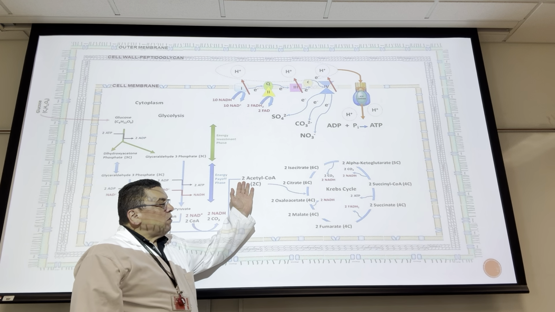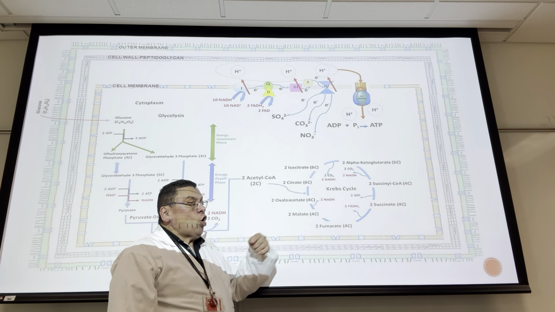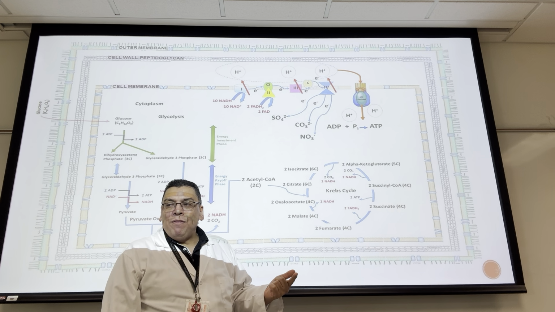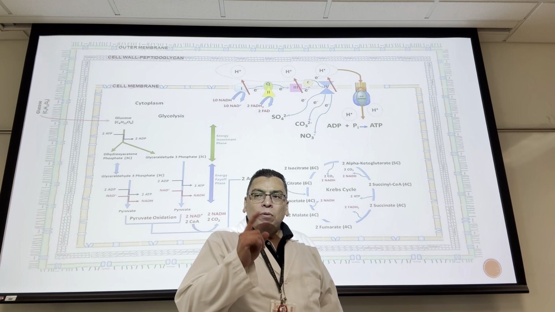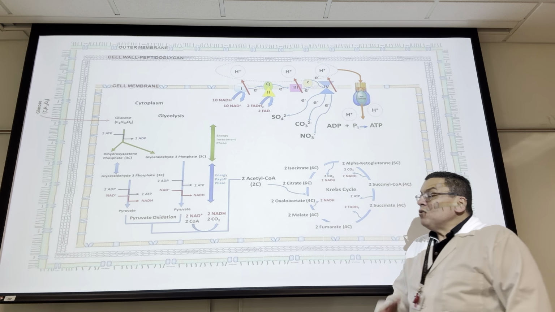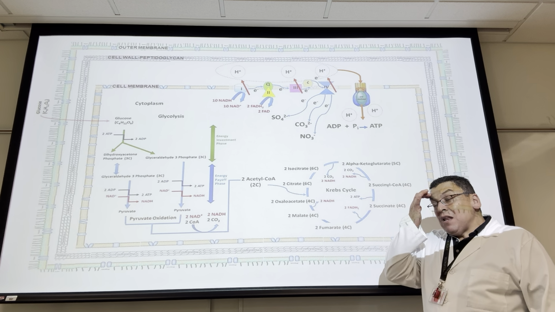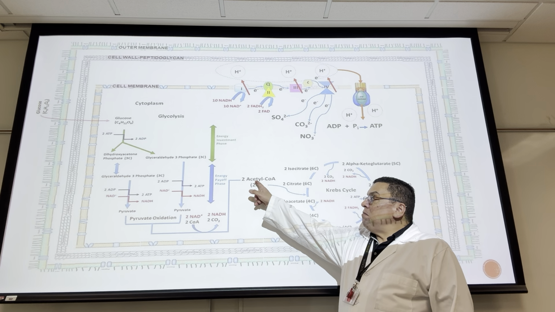So I have 2 acetyl-CoAs. These acetyl-CoAs, if you remember, they combine with the oxaloacetate. You gotta remember, it's 2 plus 4 that makes 6. The most common mistake students make, and I don't want you to do that, is they say oxaloacetate becomes acetyl-CoA.